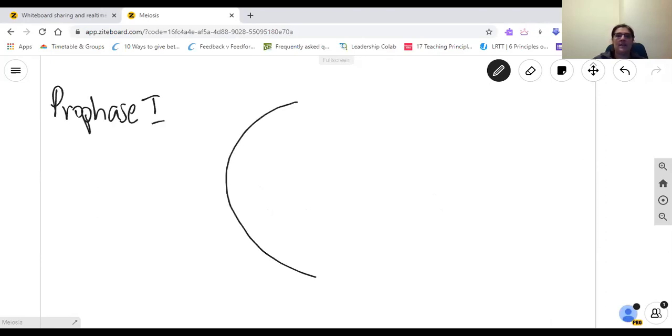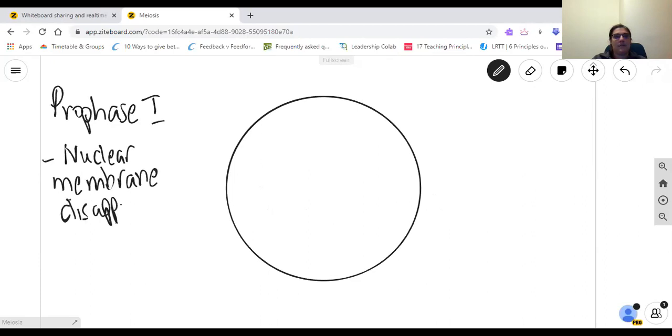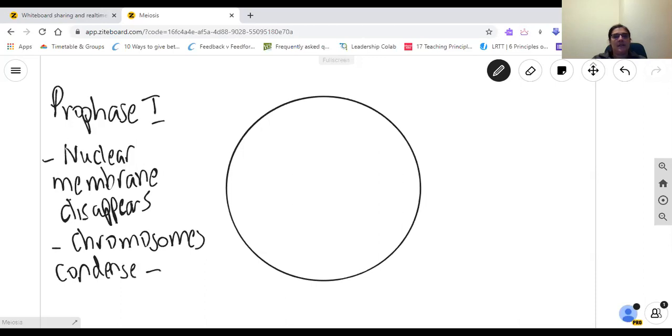So if you look at the cell in prophase, some of the things that occur in Prophase One we're used to. So for example, the nuclear membrane disappears. In addition, we know that the chromosomes condense, and they condense so that they can be seen as 2 sister chromatids connected by the centromere.